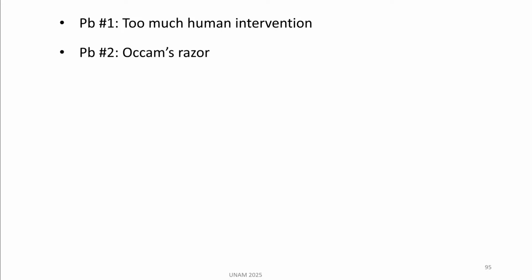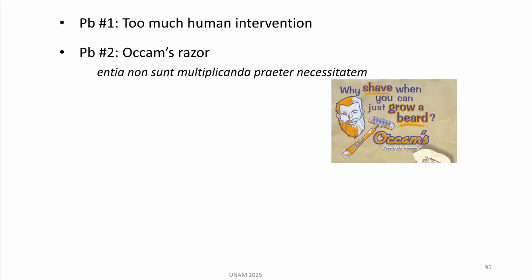The second problem, that's a philosophical problem, it's called Occam's razor. And in Latin, it goes like that. Entia non sunt multiplicanda praeter necessitatem. You should not multiply entities beyond necessity. If you are trying to explain something, you should keep the number of gratuitous suppositions at the minimum, okay?